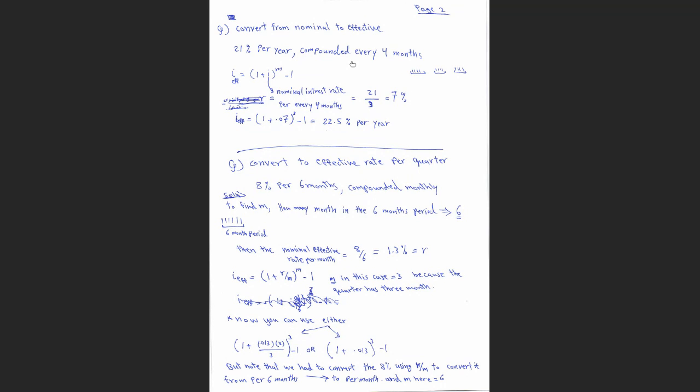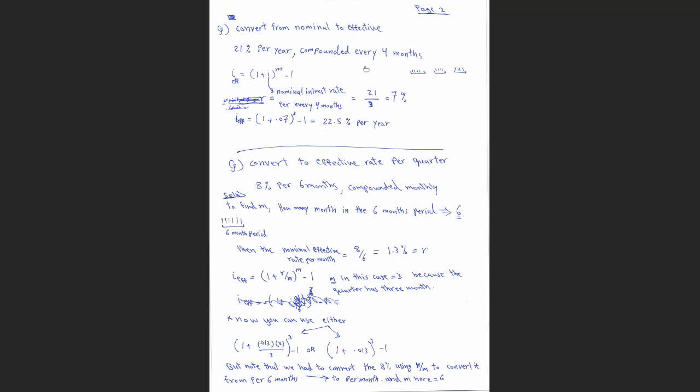The second condition asks you to find the nominal interest for every 4 months. To do so, you divide the percentage by m, the relation between every 4 months and the year. That means it is 3. Why?